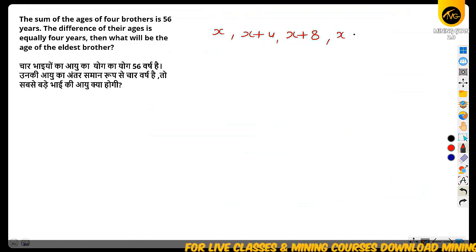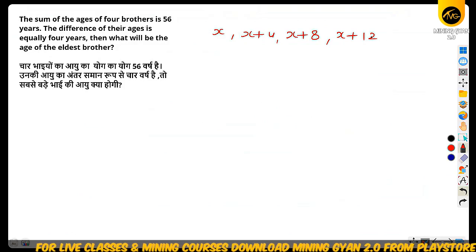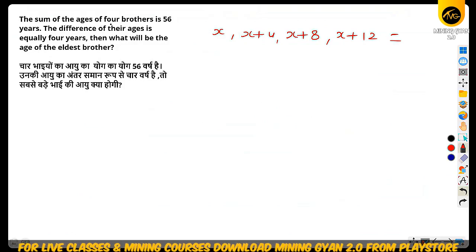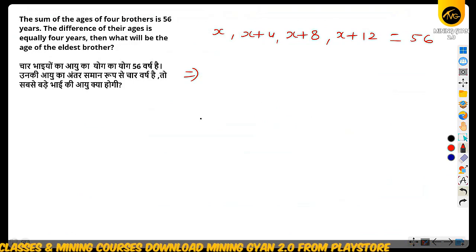Now the fourth one, x plus 12. And the sum of the ages of four brothers is 56 years. Is it clear? Now just add all the variables and you can get the value of x, that will be the age of the youngest brother.